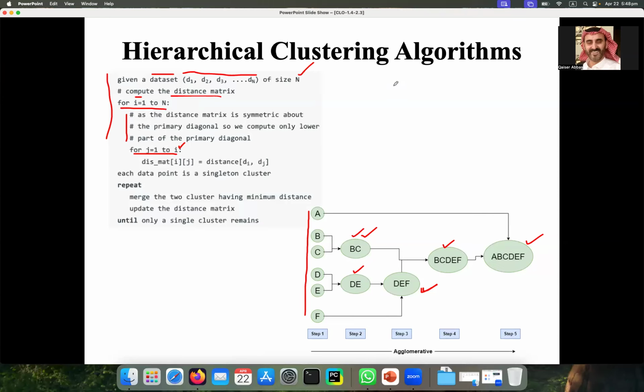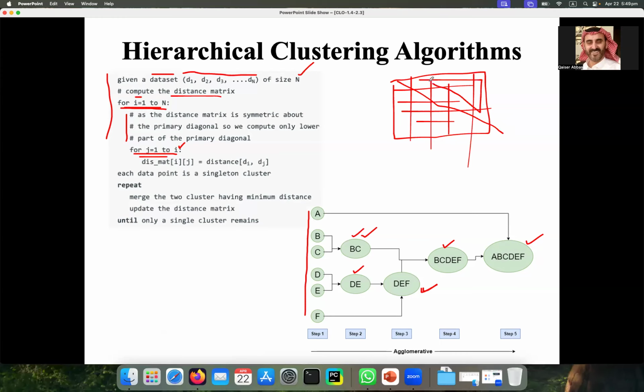Because it is a distance matrix, you will have a two-dimensional matrix here. And when we have a matrix, what it is saying is that we have kept the variables of these loops like that because, if you have the diagonal, you have the same values in the upper portion of the diagonal and also in the lower portion of the diagonal.